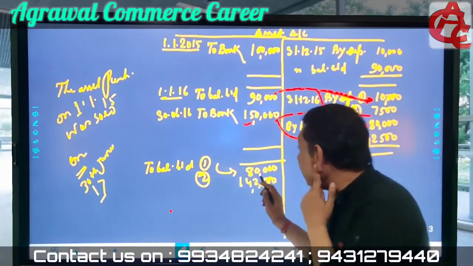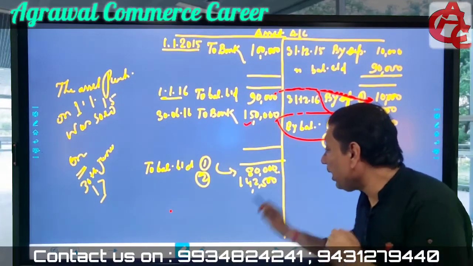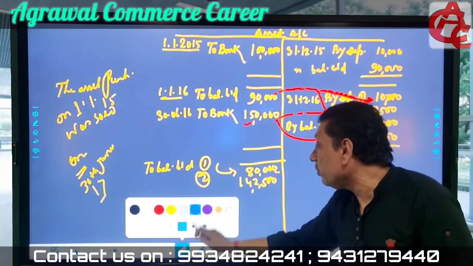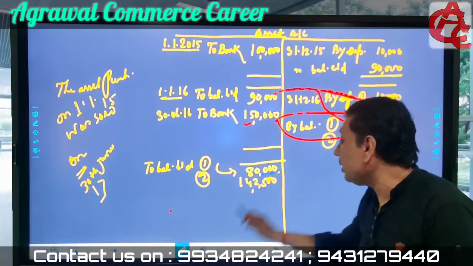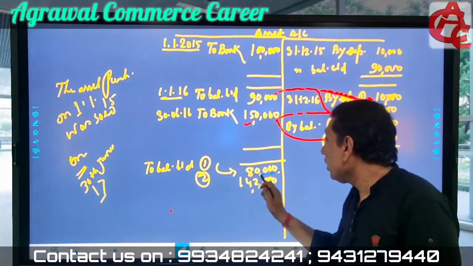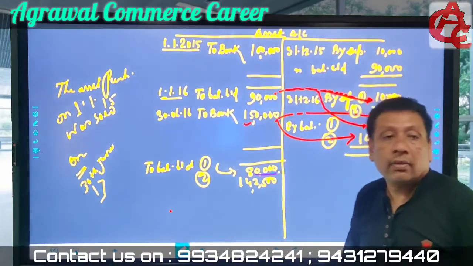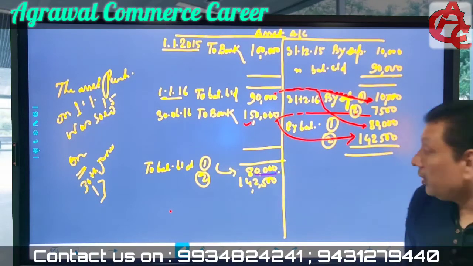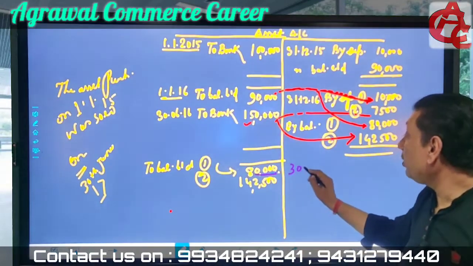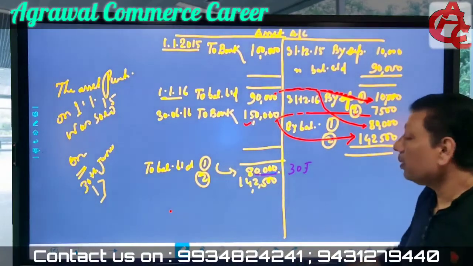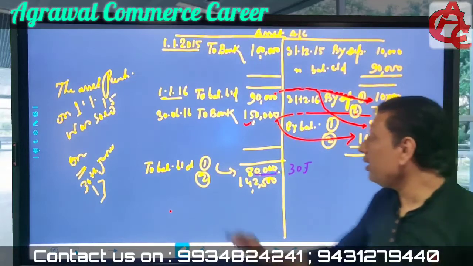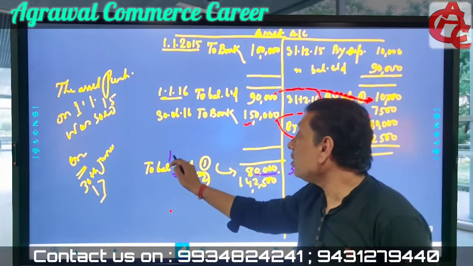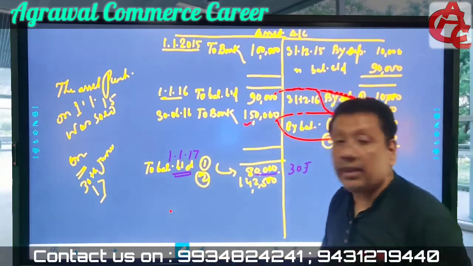So the first asset is having its written down value here, isn't it? 80,000. When is it being sold out? 30th June. And when is the balance? 1st January 17.